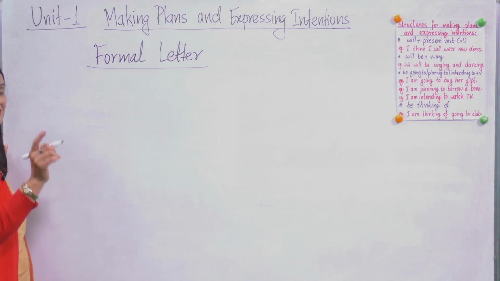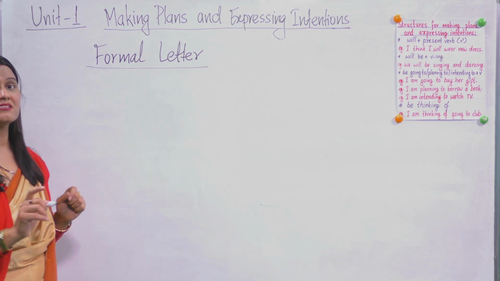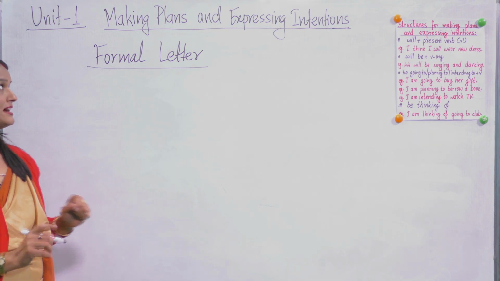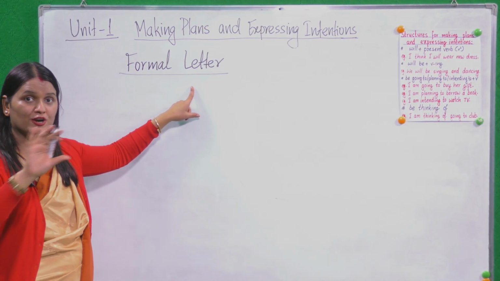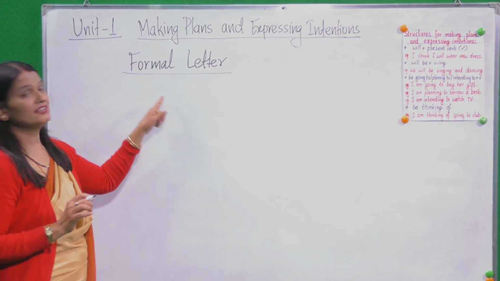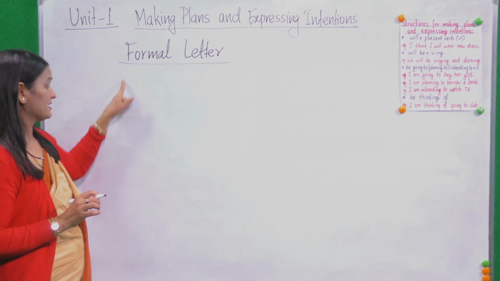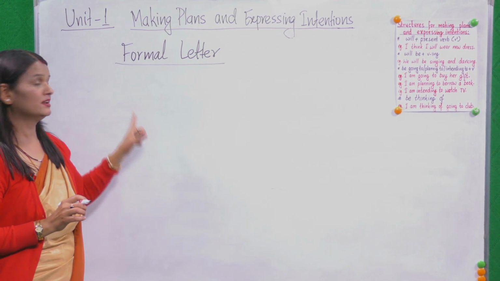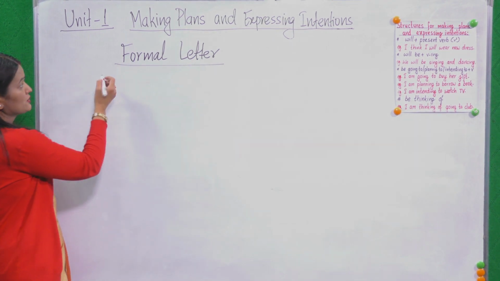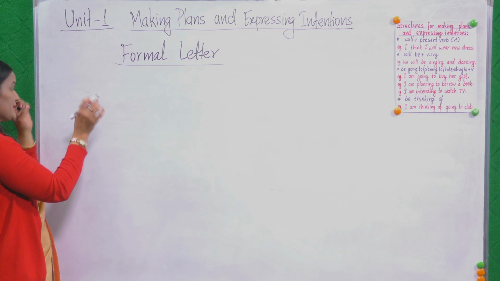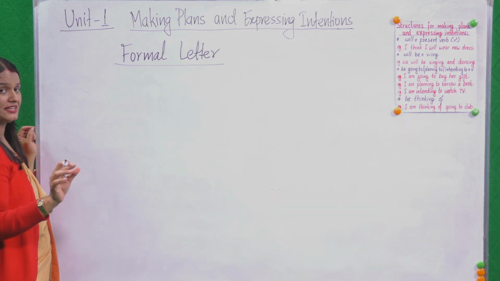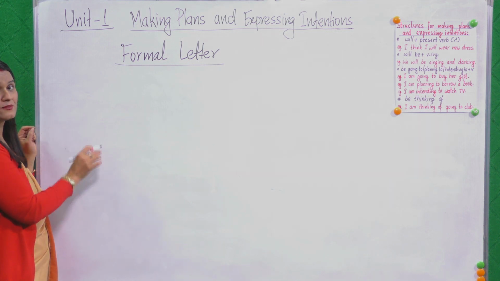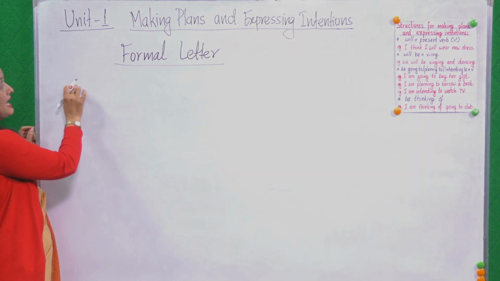Now, first of all, let's talk about the format. What are the things we have to keep in mind while writing a formal letter? In the book, the body part of the letter is given, but here we are trying to write the whole letter. When you write a formal letter personally, you have to write your address and then the date.